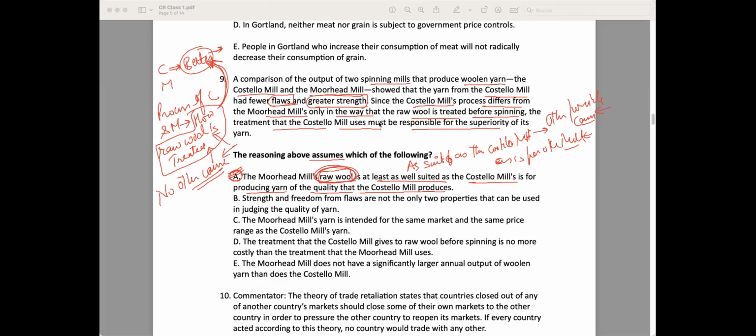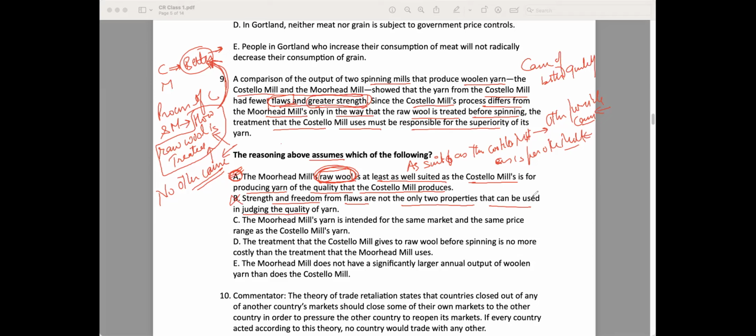Anybody who picked another answer? Mansi, you picked B. Yes, sir, understood. Let's see other options as well. Strength and freedom from flaws are not the only two properties that can be used in judging. See, the question is not about whether the quality actually is better or not.